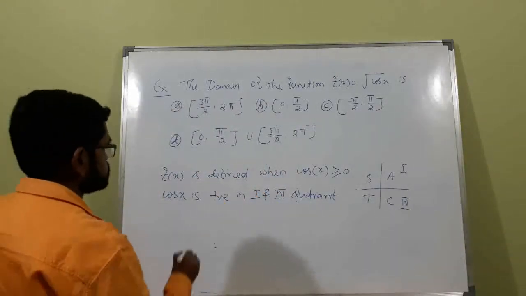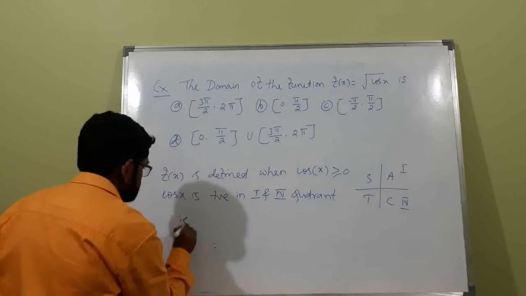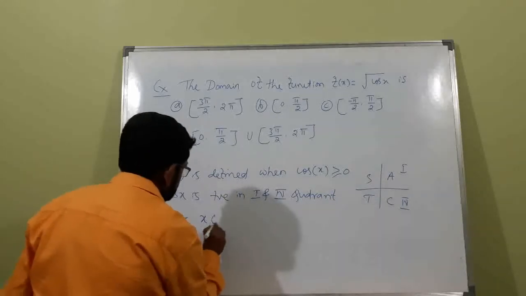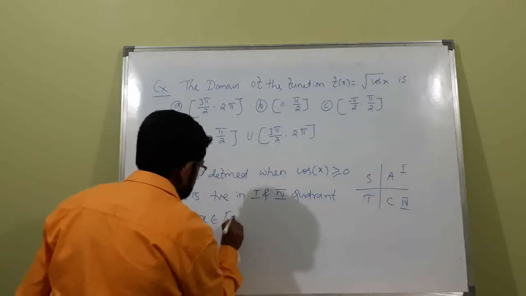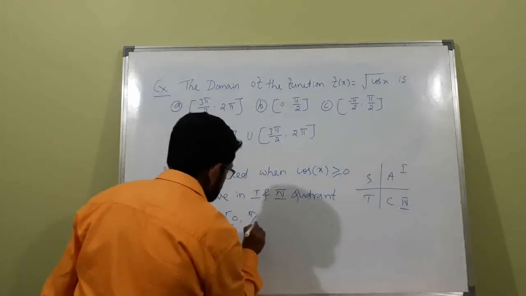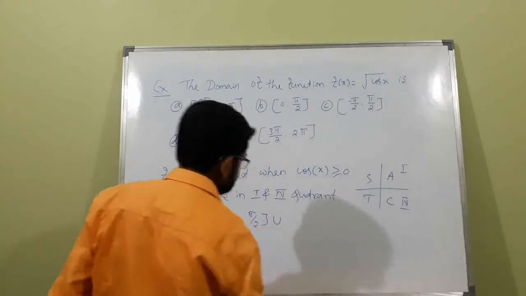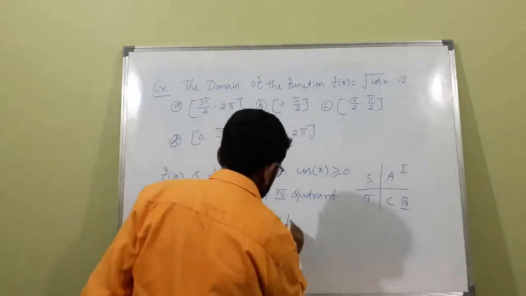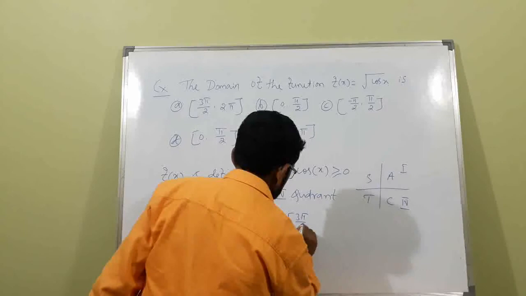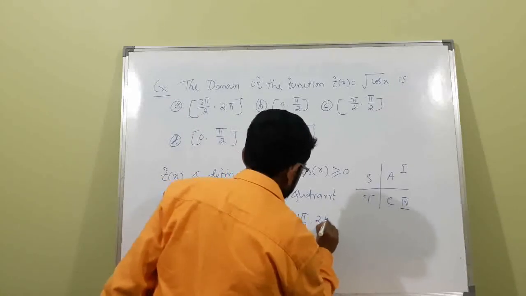So first quadrant means x belongs to 0 to 5 by 2, union 3 5 by 2 to 2 5.